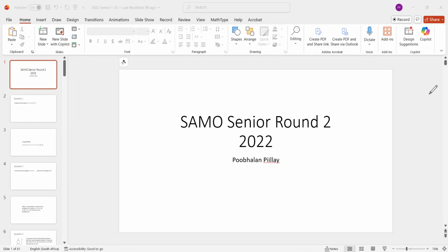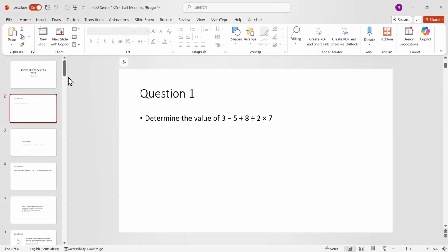It is the paper that was set in the National Mathematics Olympiad for the seniors, grades 10 to 12, the second round of that competition. So with those few introductory remarks, we will go straight to the paper in question.